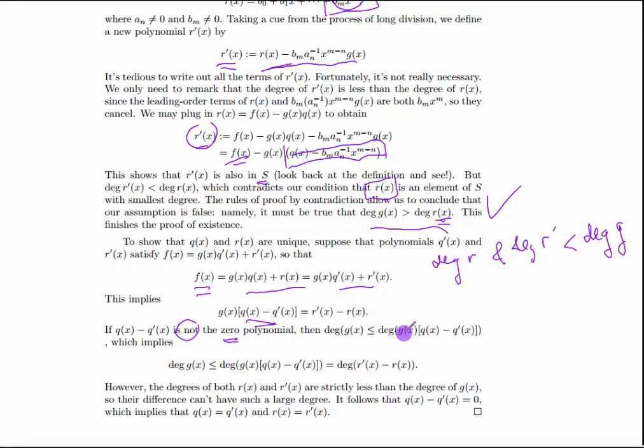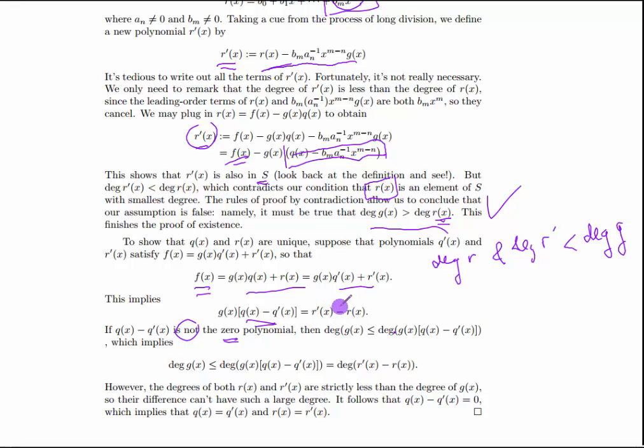Well, then you're multiplying g by a non-zero polynomial that you get something that has degree at least as big as the degree of g. You can't reduce the degree by multiplying a polynomial by another polynomial. All right? So the degree of g is less than or equal to the degree of this product, but we just show that this product is the difference of the remainders.